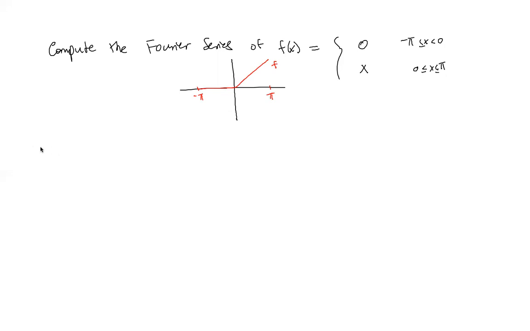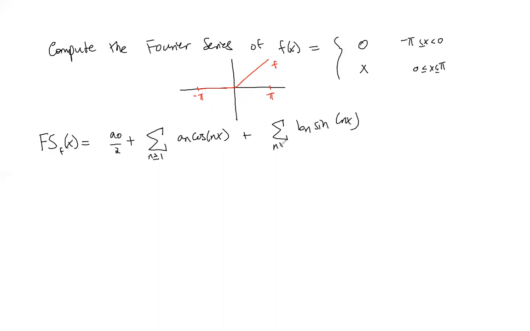Right, we have a formula. The Fourier series of f of x is going to be a0 over 2 plus the sum from n at least 1 to infinity of an cosine nx plus the same thing for bn. You don't need to have 0 here because sine of 0 is 0, so those are just always going to be 0.